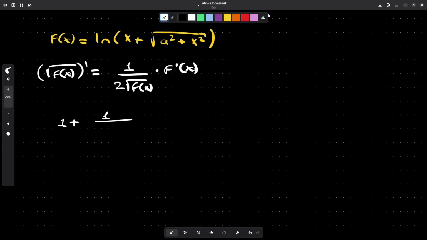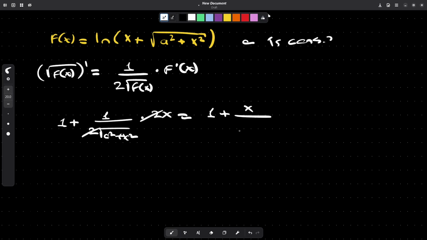Since you learned every method, you can do whatever you want. 2 root a squared plus x squared multiplied with the derivative of the inside. a is a constant here. Constant. Differentiating a squared gives 0. The derivative of x squared is 2x. Cancel the 2's out. So the derivative of the inside is 1 plus x over root a squared plus x squared.